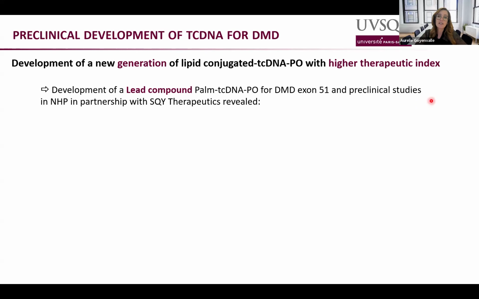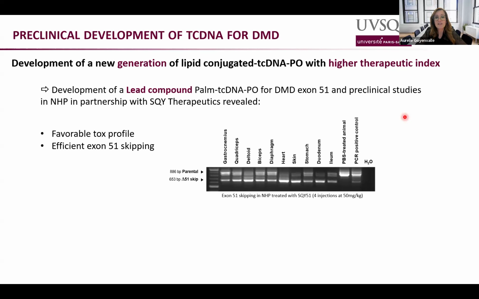And we ran some preclinical studies in non-human primates, and that revealed a very favorable tox profile, as we had seen also in rodents, but also a very efficient exon 51 skipping, as you can see here, where the lower band corresponds to the skipped product, because the oligo has a full match with the primate sequence. So after only 4 injections, we had a very efficient skipping.